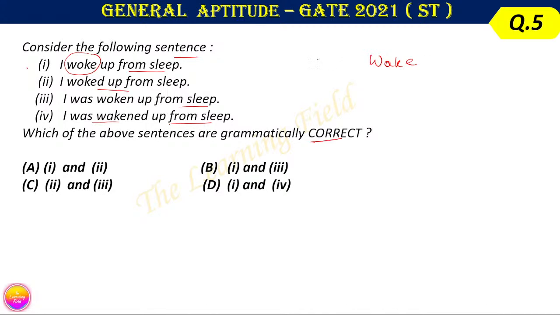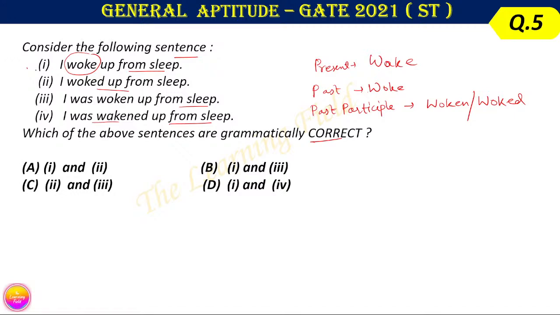This is the present, the past is woke, and the past participle is woken, or woked. Okay, so these three are the forms of the verb wake.